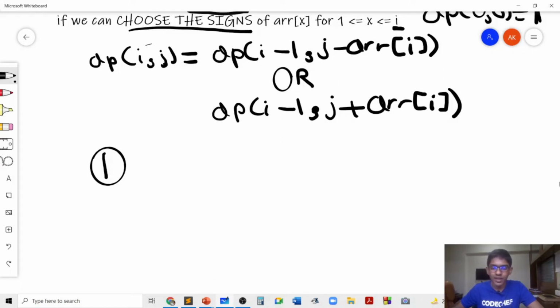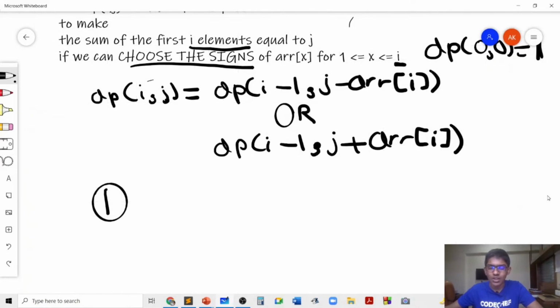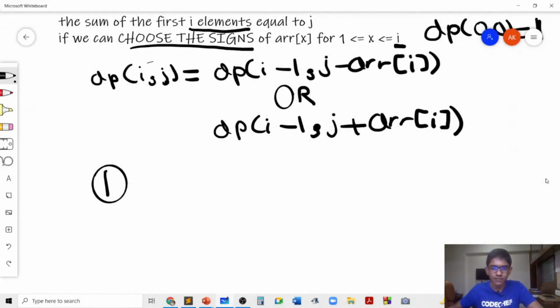That's why it's important to observe that if we just negate the whole thing, so basically we want the sum to be j minus array[i]. Say j minus array[i] is negative, and we are able to choose signs so that we get a sum of j minus array[i]. Then if we just negate each of those signs, we can get a sum of array[i] minus j.